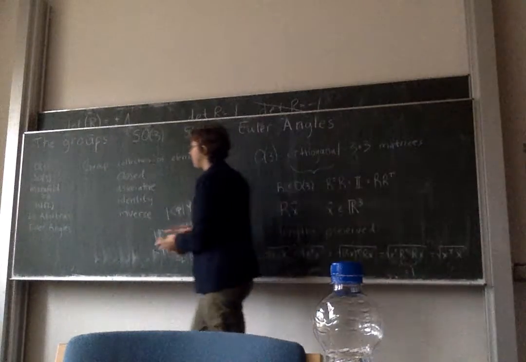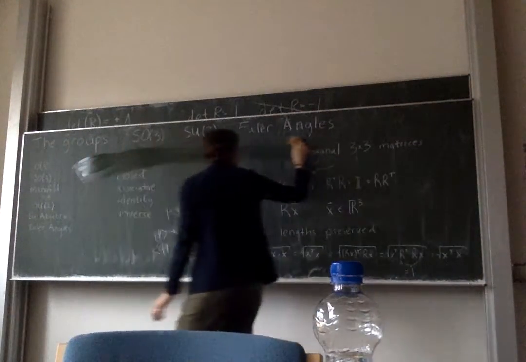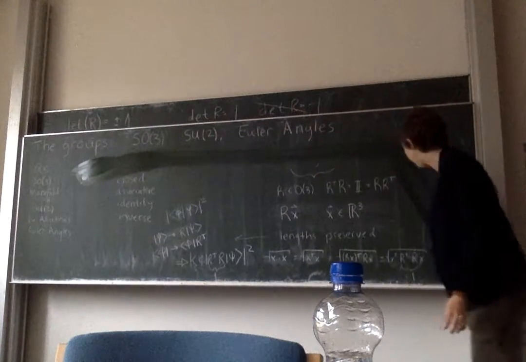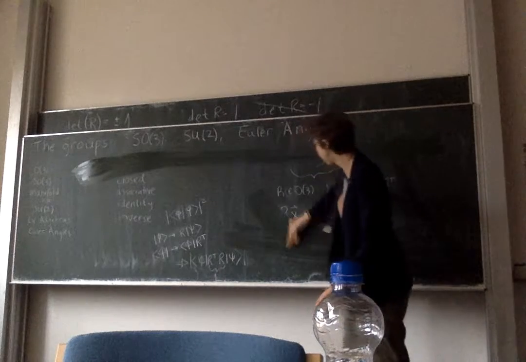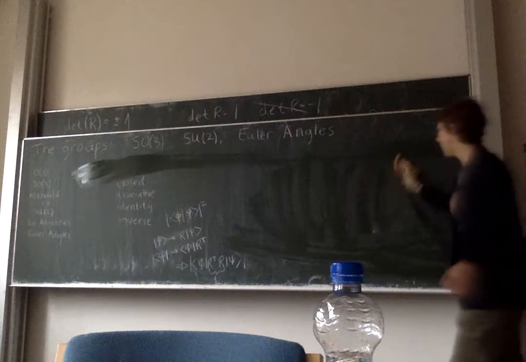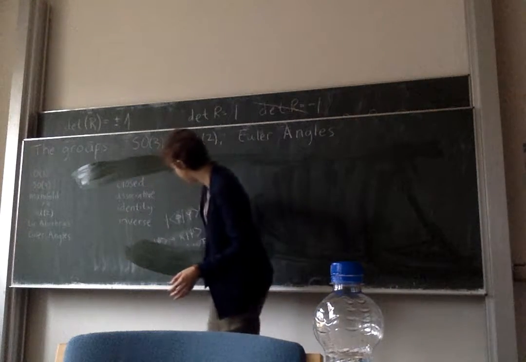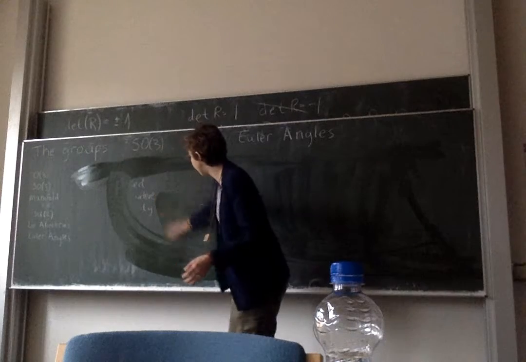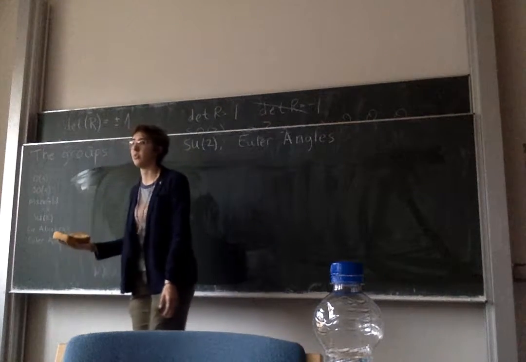And because it's not simply connected, there exists some group in which SO3 is a subset of that group. That's a subgroup of that group. And the larger group is simply connected. And that larger group is called the universal covering group. And so the universal covering group of SO3 is SU2.